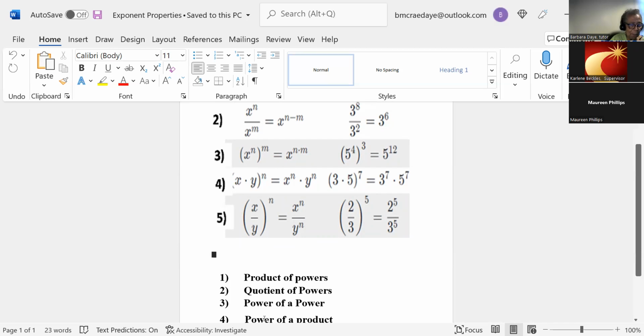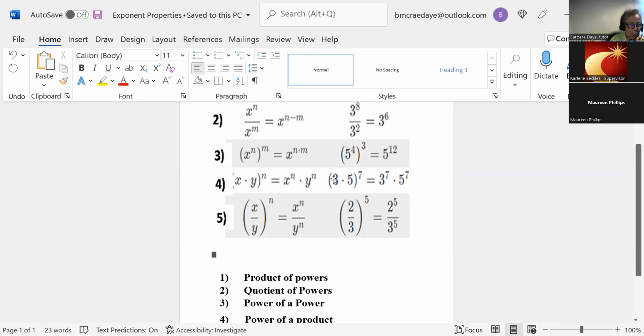So we call that a power of a product. In other words, the product is right here, x times y, multiplication, and then raise it to the power of n. And that's the same as if you took x raised to the n power, then multiply that times y raised to the n power.